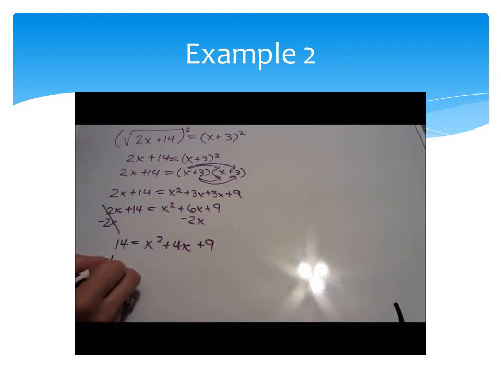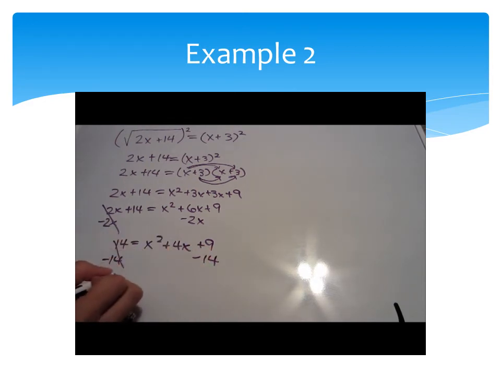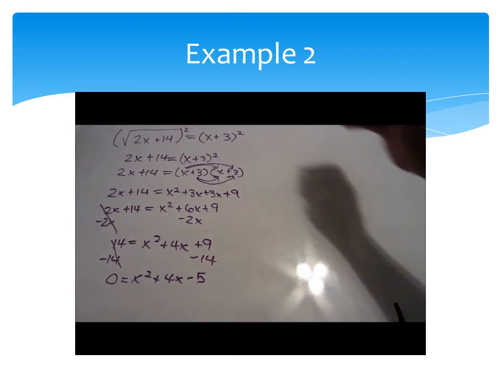And then we can subtract 14 from both sides to give us 0 = x² + 4x - 5. Now we're going to come up to the top up here and factor.